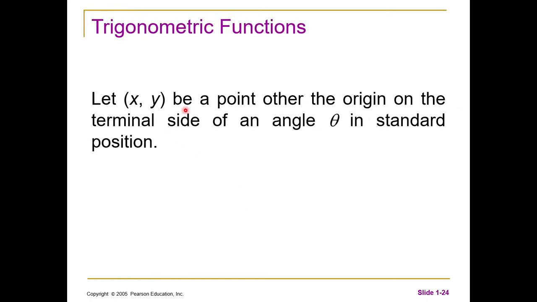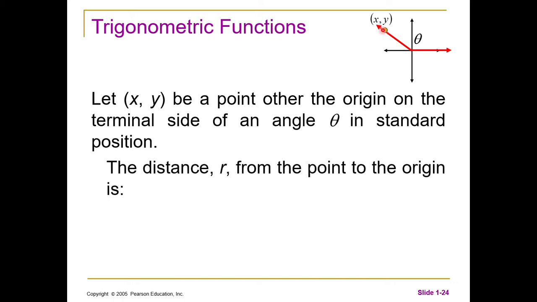So let x and y be a point on the terminal side of an angle in standard position, like this one. This is our angle, and this is the point x and y. The distance r from the point to the origin is r equal to the square root of x squared plus y squared.